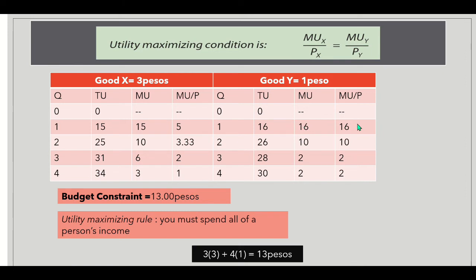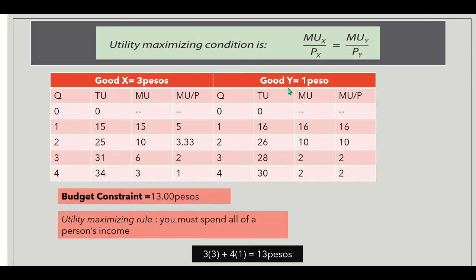In this case 16 is the highest, so we need to find if there is 16 in the marginal utility per peso of good X. There is nothing. Next is 10. There is no 10. And next is 2. So what matches is the 2 pesos from the marginal utility per peso of good X, and that actually works for either 3 units or 4 units of good Y.